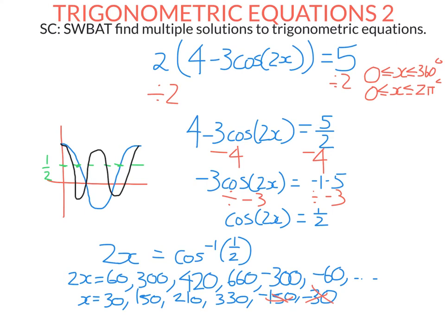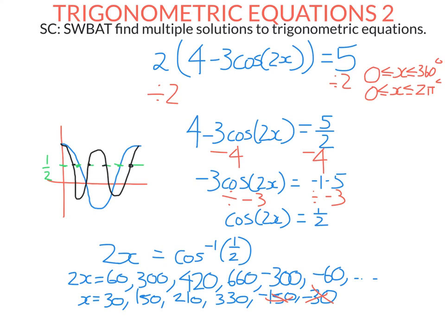So for that one, there would actually be 1, 2, 3, 4 solutions. There are 4 values of x between 0 and 360 degrees that you can sub into this equation to make it equal a half. These are, of course, the 4 solutions we just found. If I substitute any of these 4 solutions into this equation, I will get a half. So that's why there were 4 solutions.